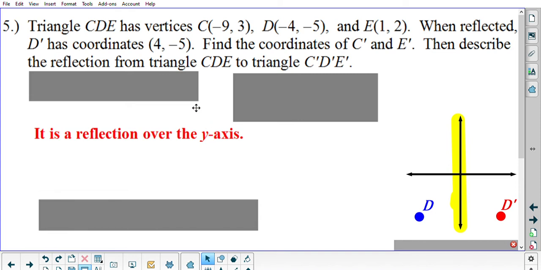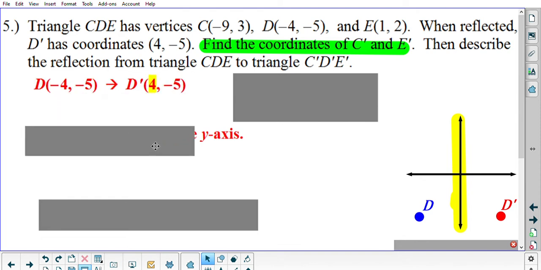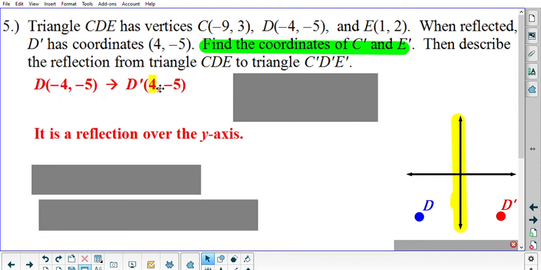All right? But I still have to do the other part of the directions that said find the coordinates of C prime and E prime. Even though I was able to do the last part of the directions, I still have to figure out the coordinates for C prime and E prime. So remember the relationship between D and D prime: it was (-4, -5), but now it's (4, -5).